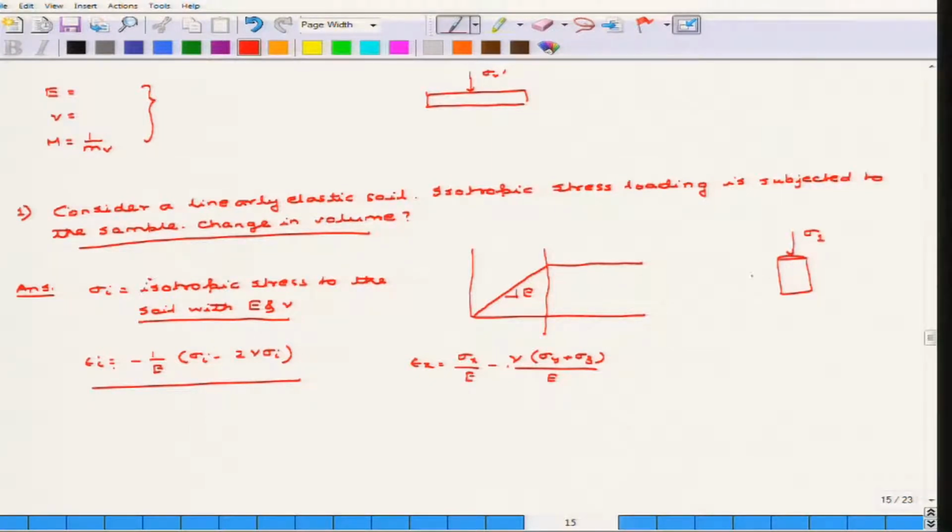Now, obviously you also know that in case of a triaxial test this is sigma 1, and these are sigma 3, sigma 3, sigma 3. So, obviously sigma y is equivalent to sigma z, and sigma x is the only factor that is sigma 1.